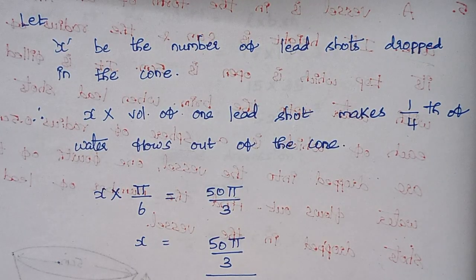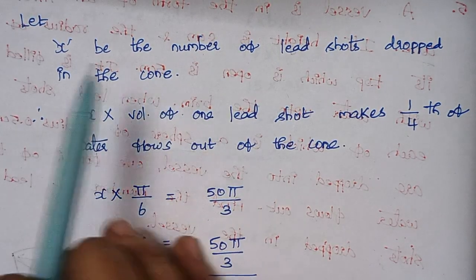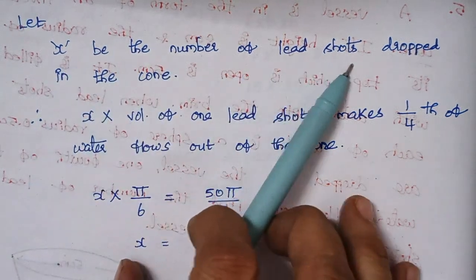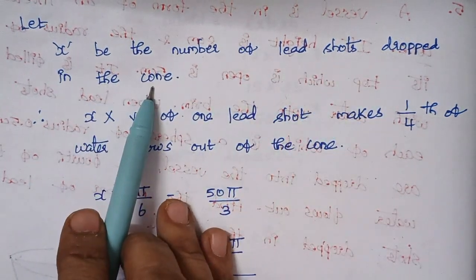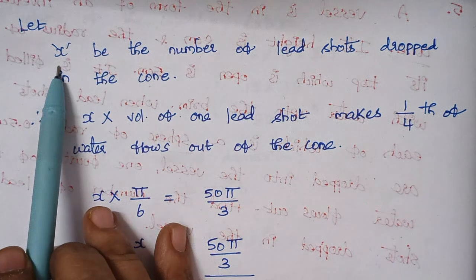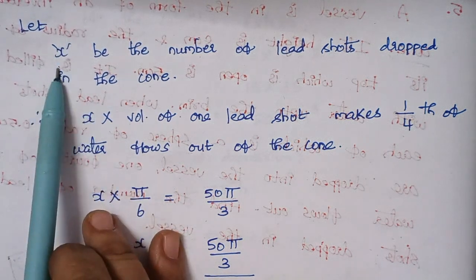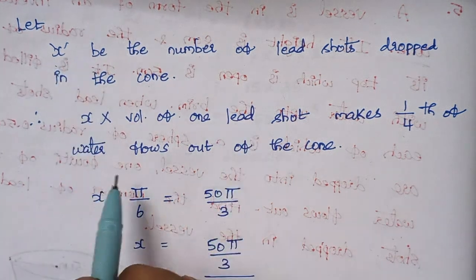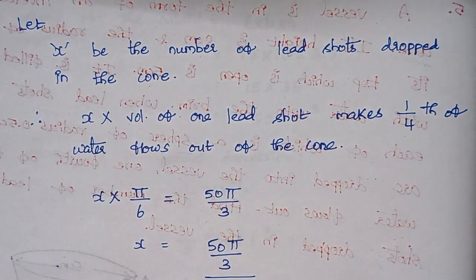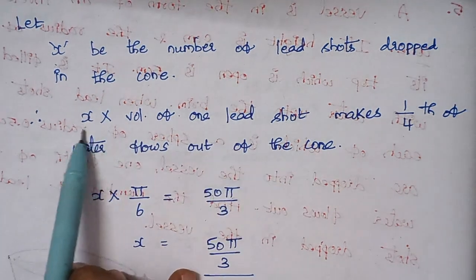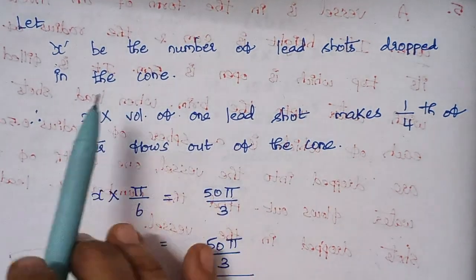Okay, now listen carefully. Let x be the number of lead shots dropped in the cone, right. We don't know how many lead shots are dropped into it. We are keeping that count as x, right. So, what is the thing which is given in the problem? We are dropping some lead shots into it, right? Let it be x.